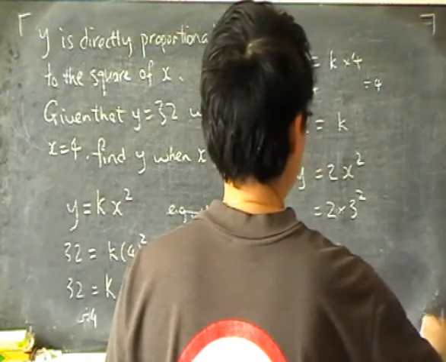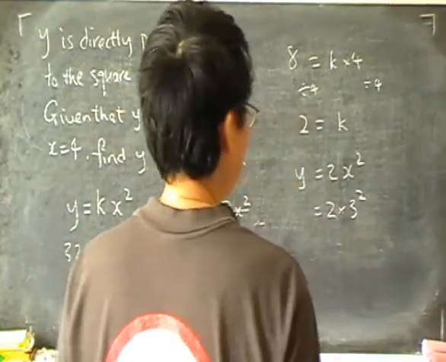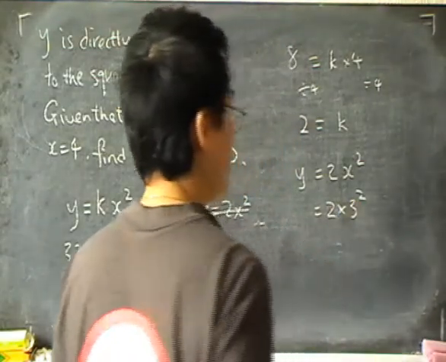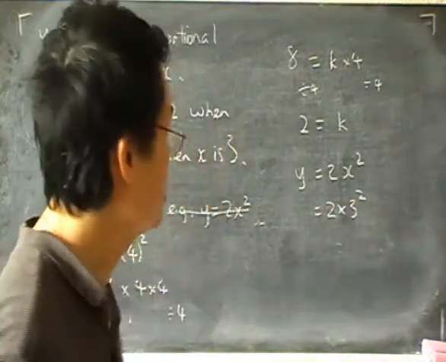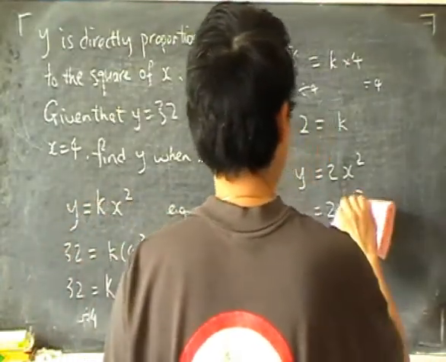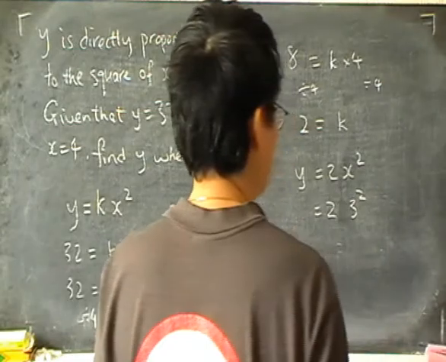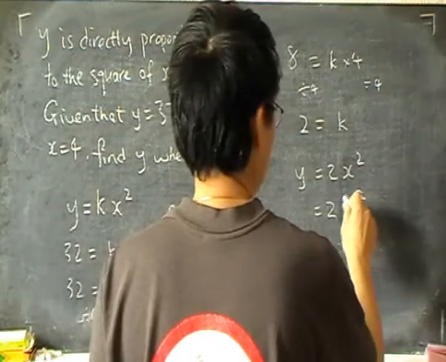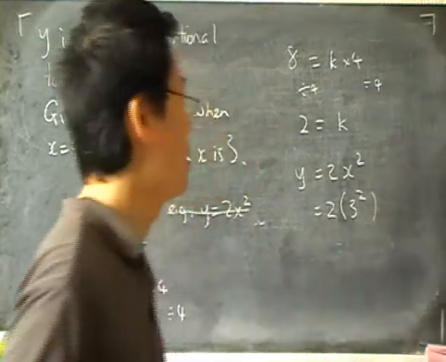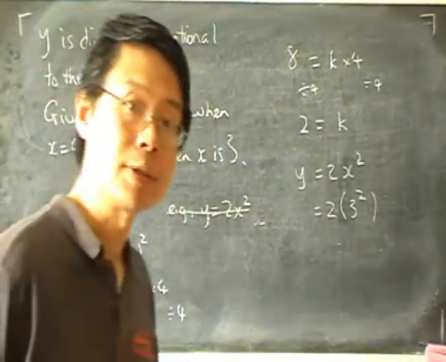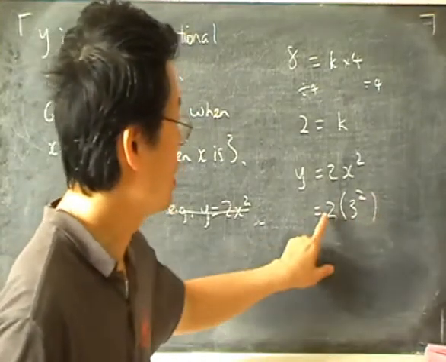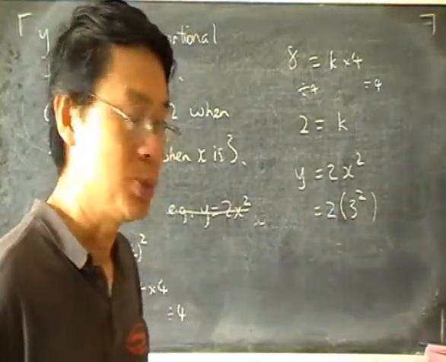So there are two ways to write this. To be careful, I can either write this as 2 times 3 squared, or the other way to do it, which can also be easier and less confusing, is to put a bracket around it. Because once you have a bracket, the number next to it always means times.